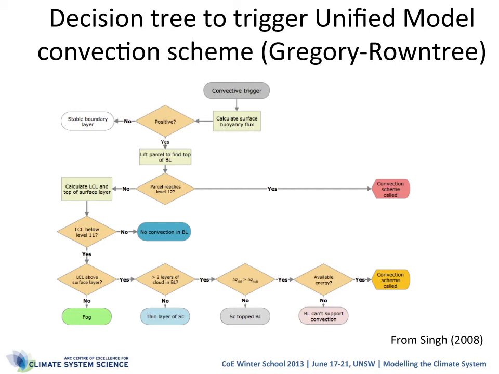So in the red, it's when deep convection can be called, and in the orange is when shallow convection is called. The parameterization for the shallow convection is called in the Unified Model. The Unified Model is the basis for our ACCESS model that we're using now. So this is the decision tree that the convection scheme uses.